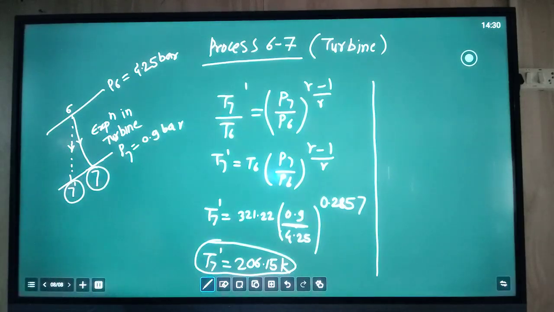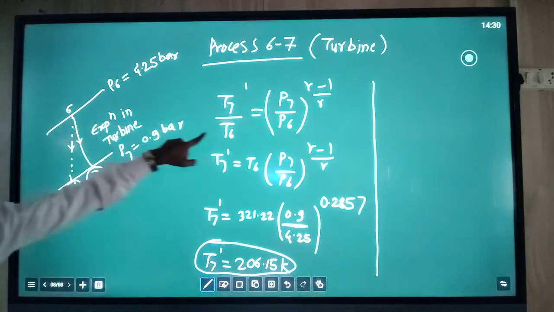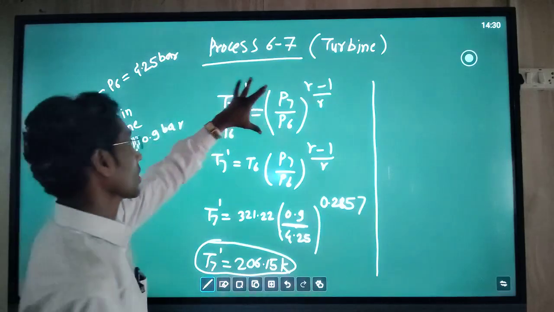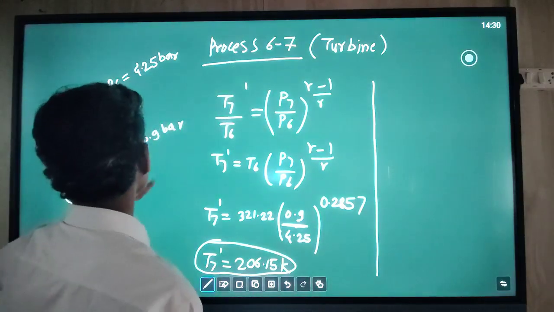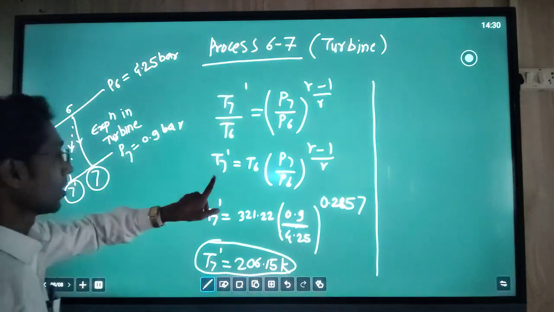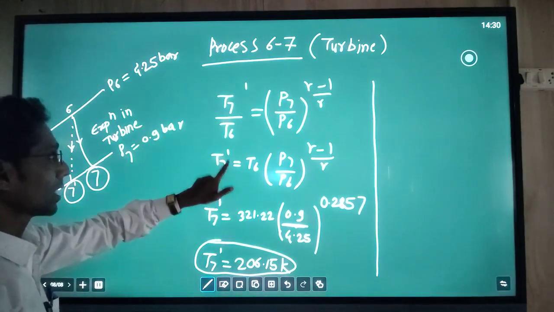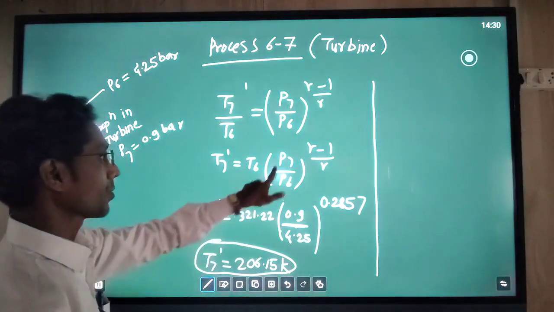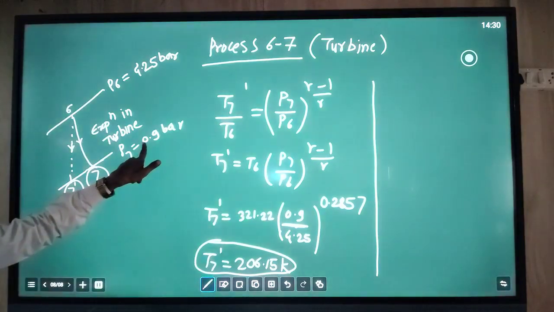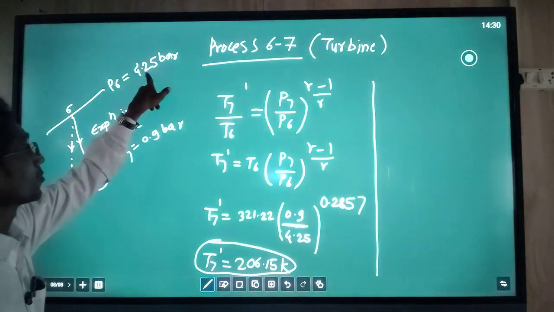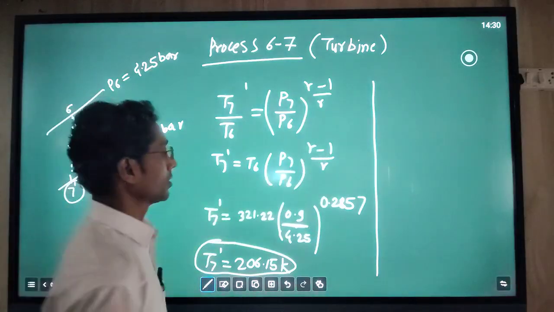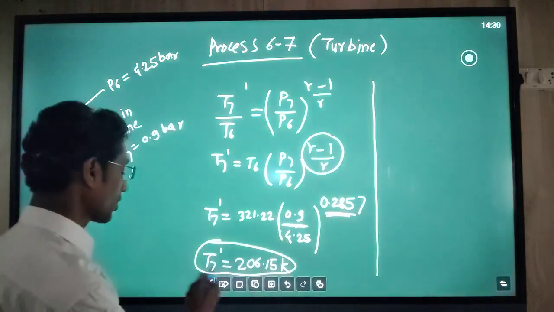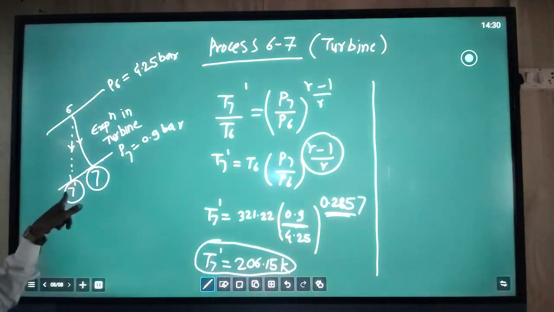T7 dash divided by T6 is the temperature ratio for the ideal process, equal to the pressure ratio P7 divided by P6. We have to find T7 dash, which is why we arrange the formula this way. T6 we calculated in the last step, P7 and P6 pressures are 0.9 and 4.25 bar, and doing the calculation we find the temperature T7 dash.